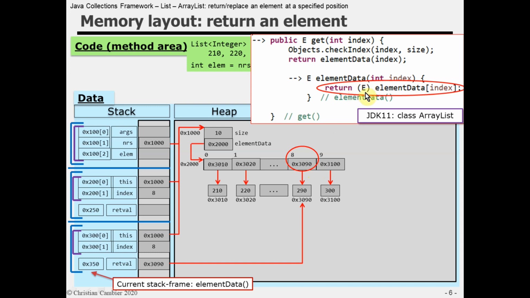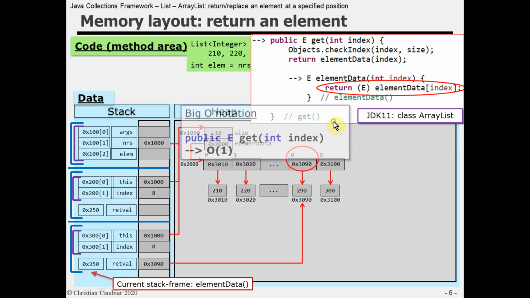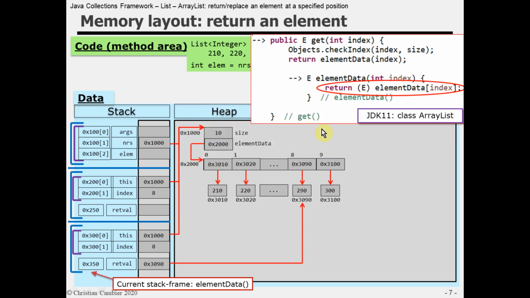Here the get method returns array indexing, and that's it. Since the time to execute array indexing is independent of the amount of elements stored in the array, we can conclude that get is an O(1) method. So independent of the amount of elements stored in the array, the get always performs in equal time. Okay, continuing with the get, we leave the method.